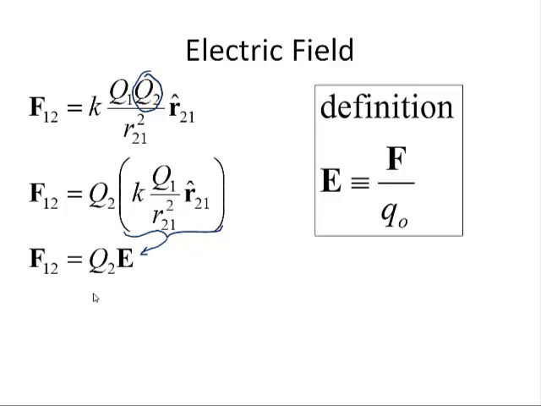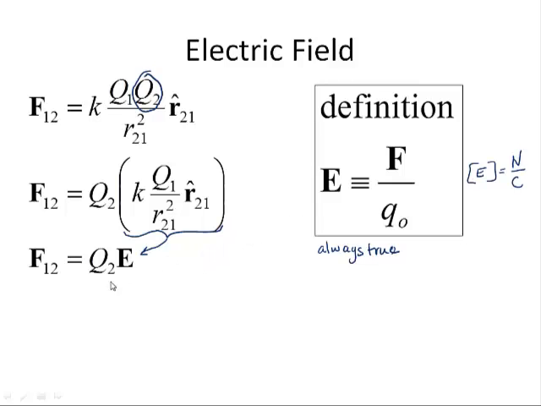The previous equations are true only when we're talking about point charges, but a more general definition is this: electric field is defined as the force per unit charge. So actually the electric field units are newtons per coulomb. This definition is always true, so we can use it no matter what our electric field looks like.